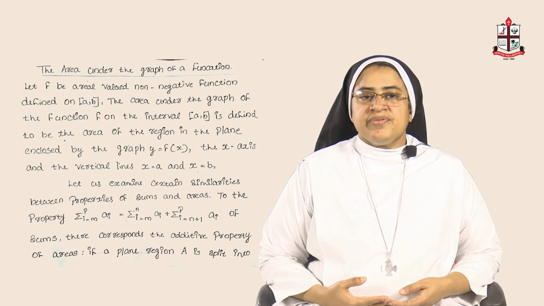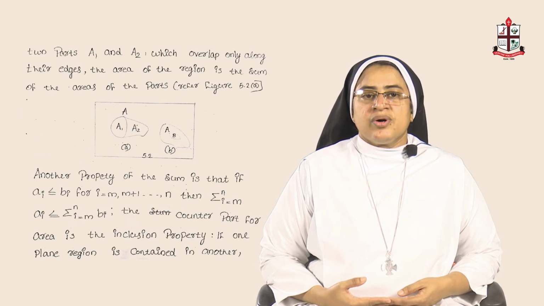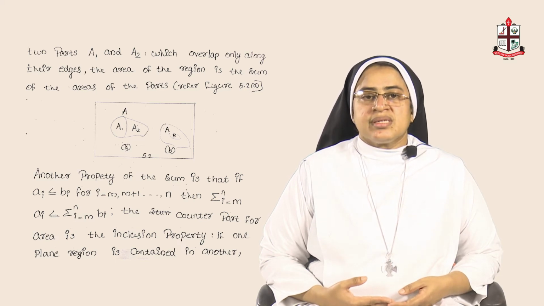Then the corresponding property for areas is the addition property of the areas, that is the plane region A is split up into 2 parts or 2 sets A1 and A2, as you see in the figure, which overlap only along their edges. Then the area of the region is the sum of the areas of the parts as given in the figure.